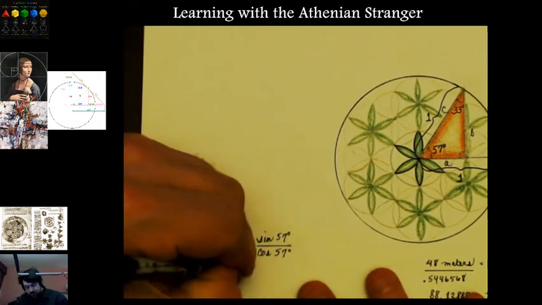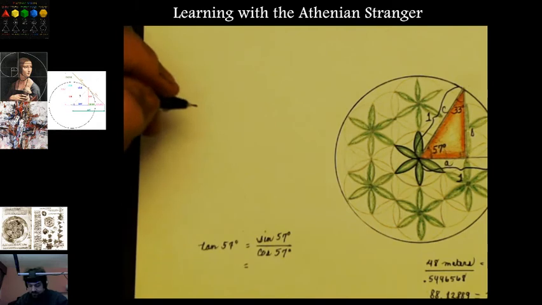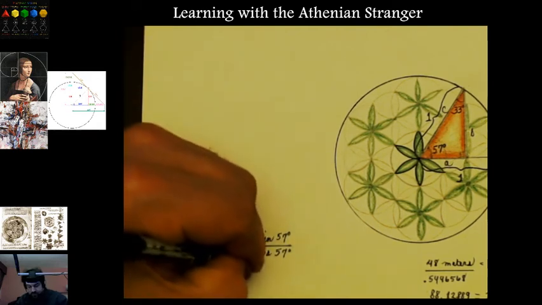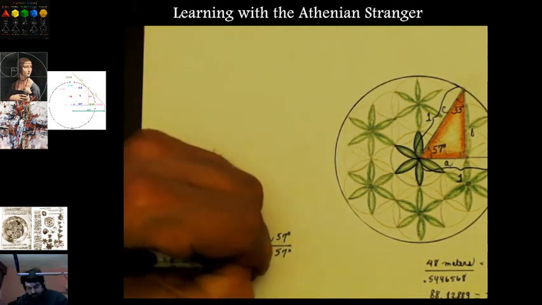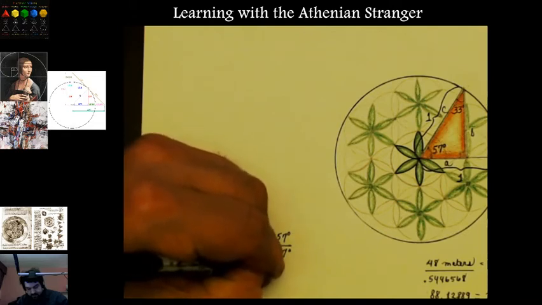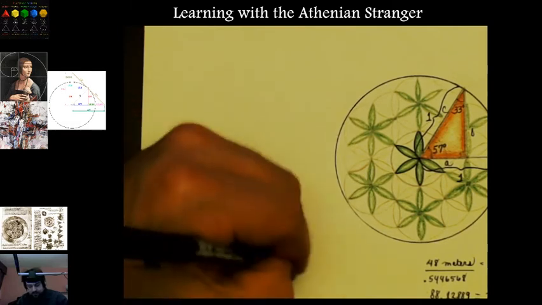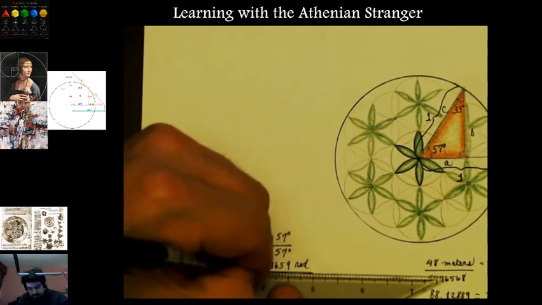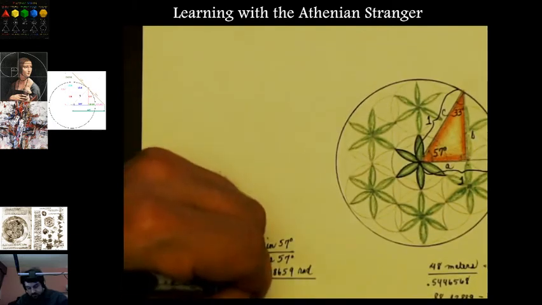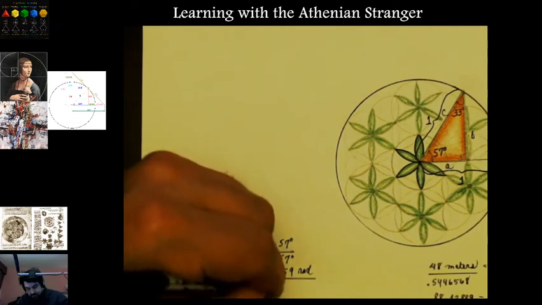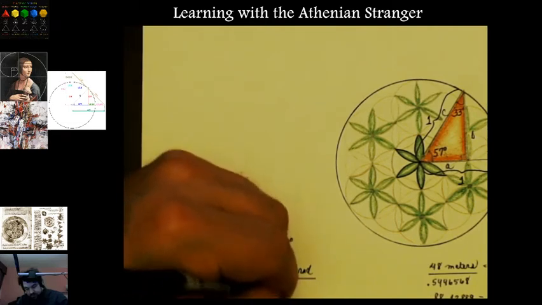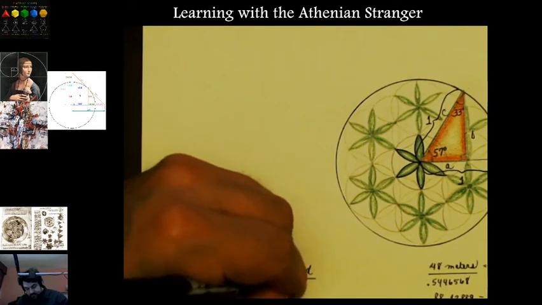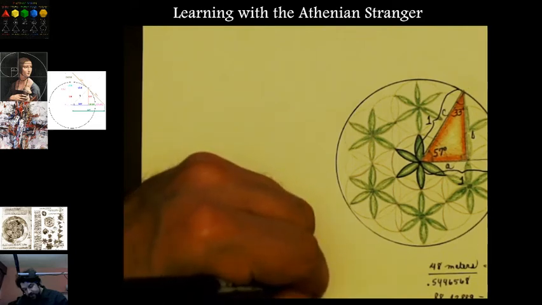Well, let's use our radian measurements to figure this out. We know that this is 0.838659 radians divided by 0.5446568 radians.